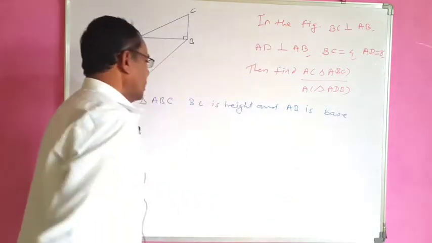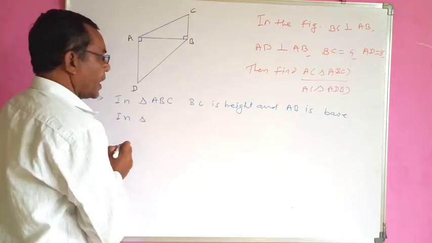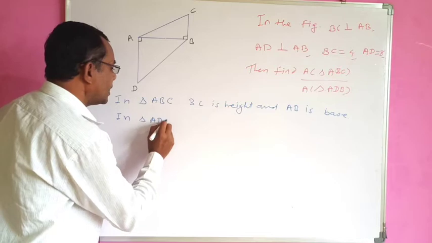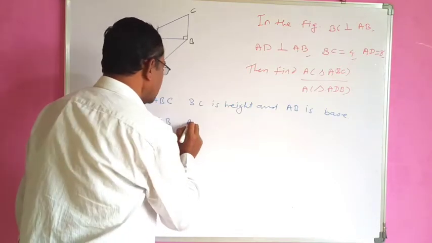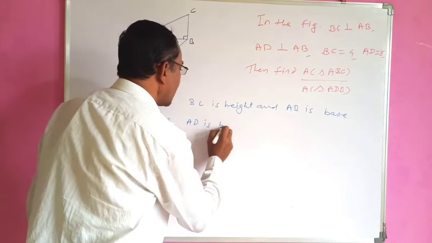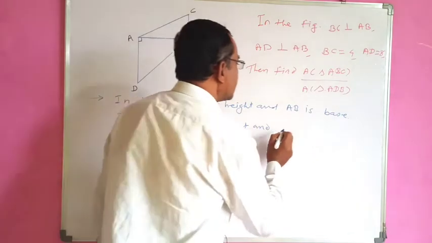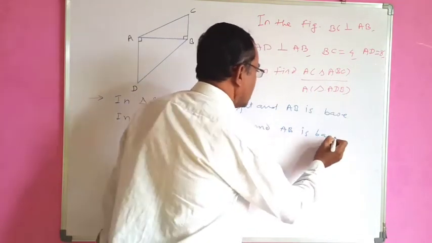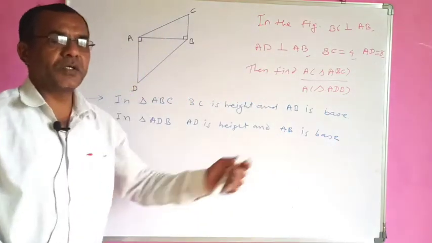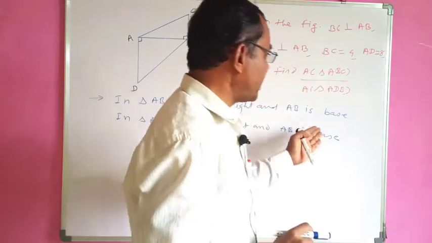Okay, now in triangle ADB, what is the height here? AD is the height, and AB is the base. Now you have seen here, you identify that base is common.